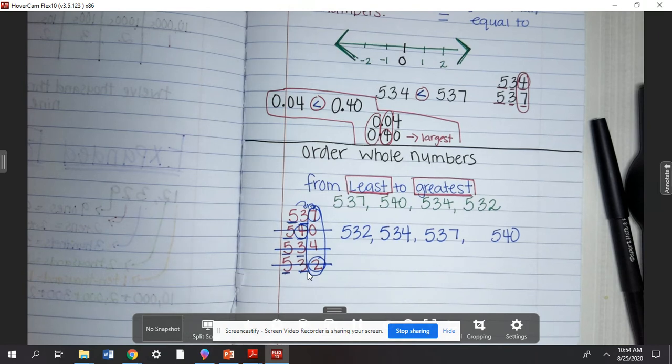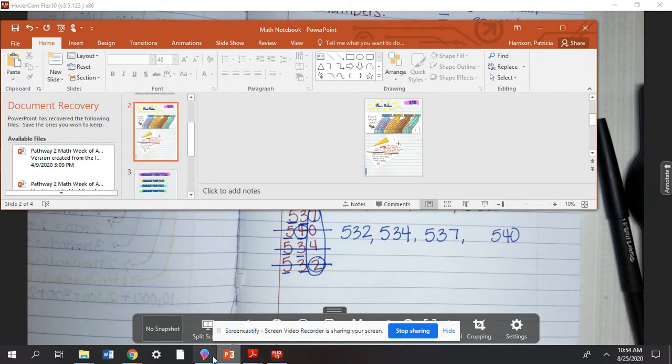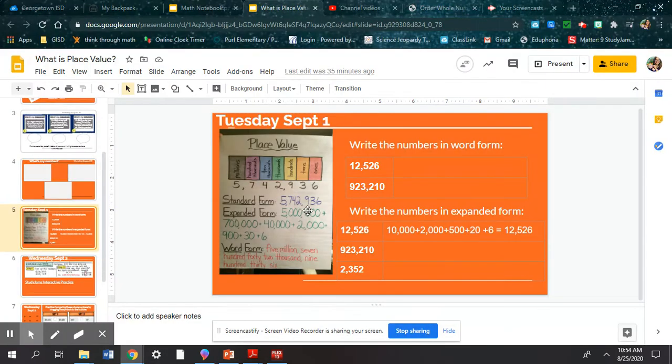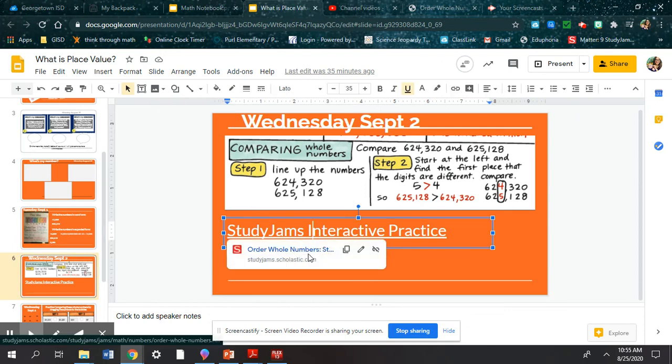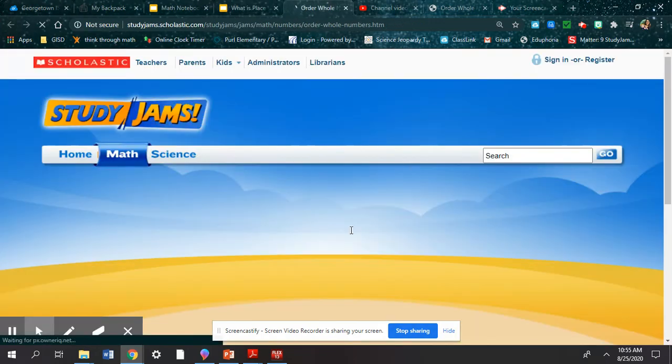So today you're going to look at your slides and you're going to compare your whole numbers. And here's just a little reference, a little cheat sheet. You're going to click the Study Jams Interactive Practice. When you click that, it's going to bring you here.